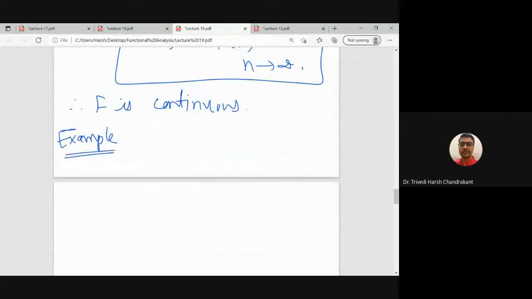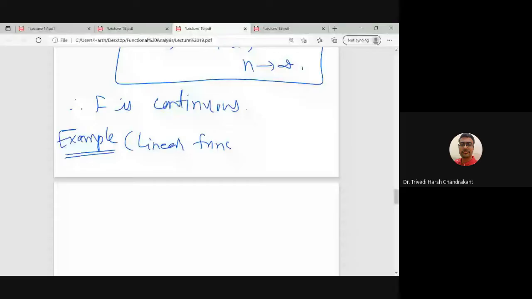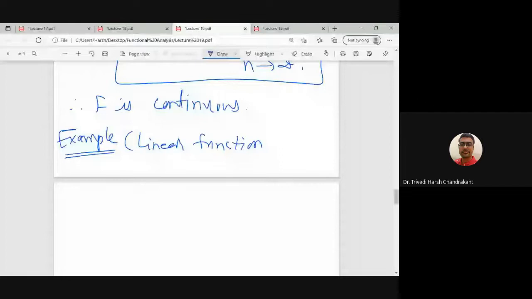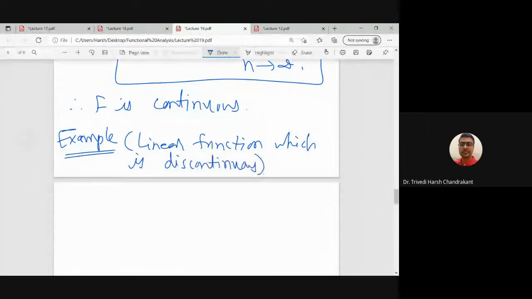So the first example we want is an example of a linear function which is discontinuous.